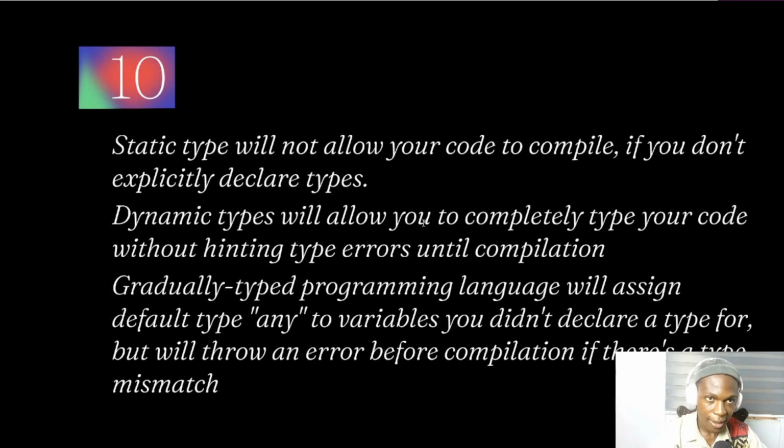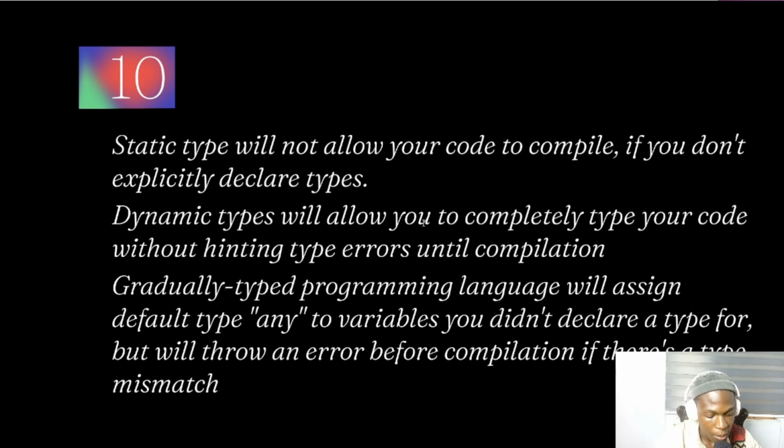Alright, let's quickly do a recap. Static typing will not allow your code to compile if you don't explicitly declare the data types. So if you're trying to declare a variable and you don't tell us that this particular variable is of this data type, your code won't compile if you're using C++ or Java. Now, for dynamic programming languages, you're free to go ahead and not tell us whatever data type your variable is. The compiler basically just ignores everything you're doing until you're actually trying to run your code.